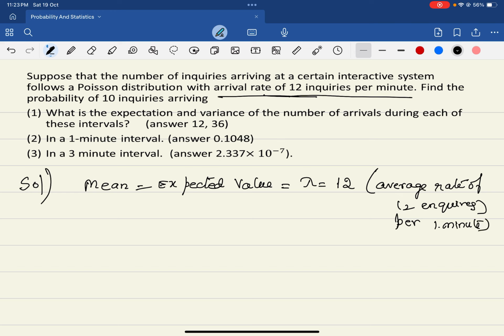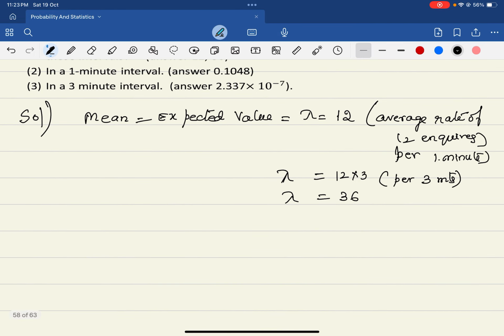So for 3 minutes it is 36, right? So lambda equal to 12 into 3. This is the mean per 3 minutes. So that gives you lambda is equal to 36 per 3 minutes, and lambda equal to 12 per 1 minute.